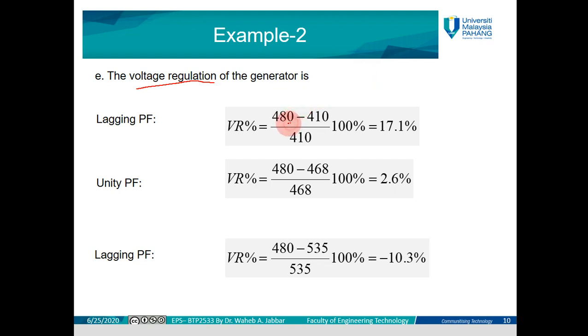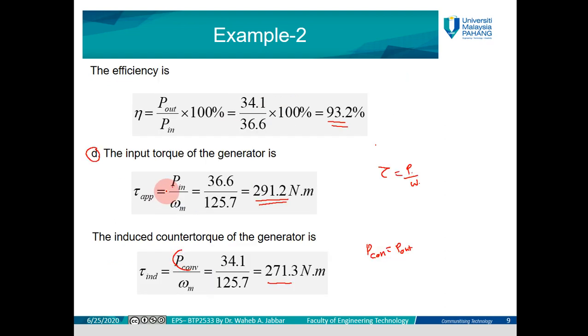So at no load is 480 for all cases. So this is the voltage at no load, and no load means I A equal to 0. At full load means I A equal to 60 ampere. So this is the voltage at full load. For the power factor lagging, we got 410 from here.